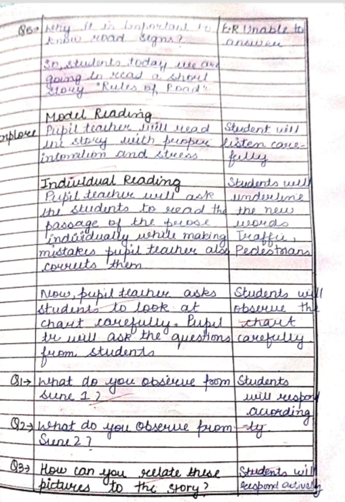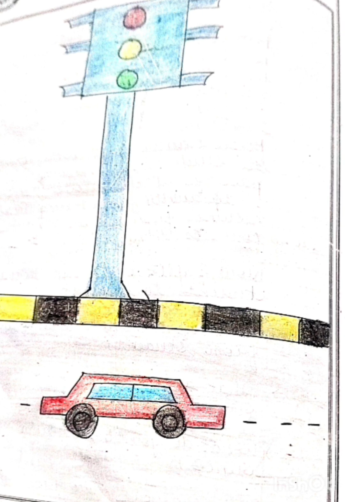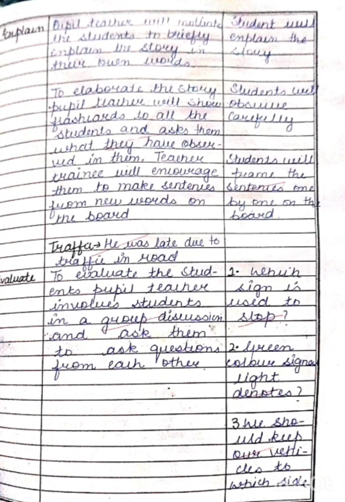So in this part, the chart is divided into some scenes, and the teacher will ask the student to observe scene 1, scene 2, and the student will respond accordingly what he is seeing, how this story is related to the pictures, how you can relate the pictures to the story. So in this, the student will explain the activity. This is how you will make a chart.